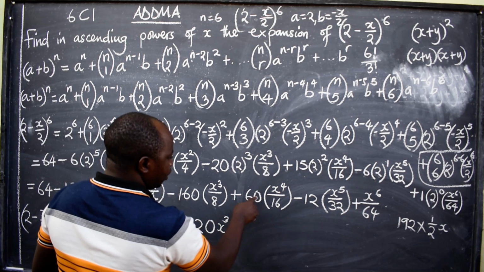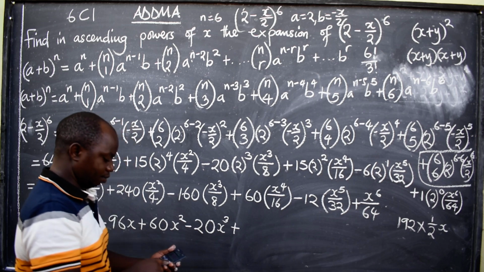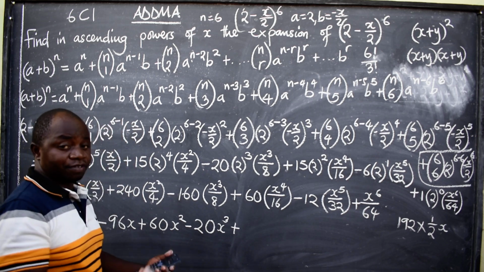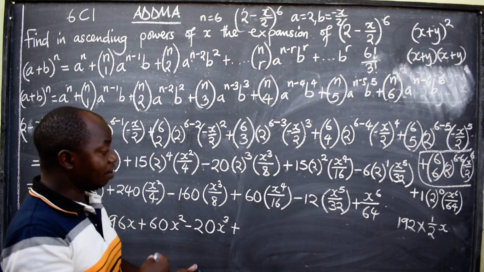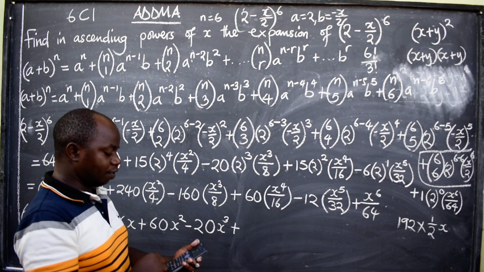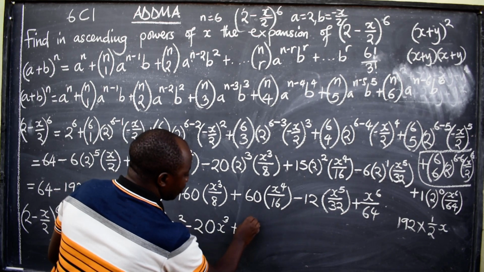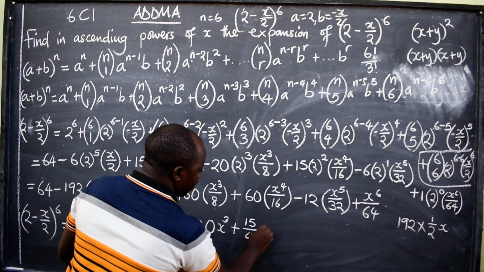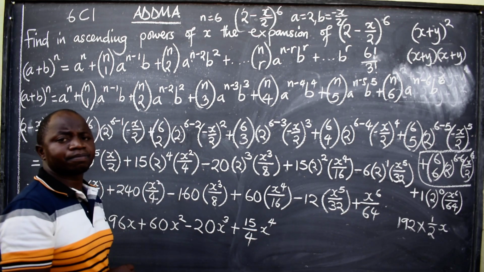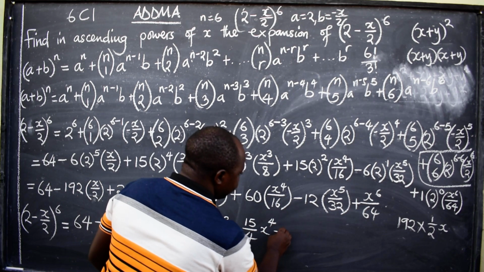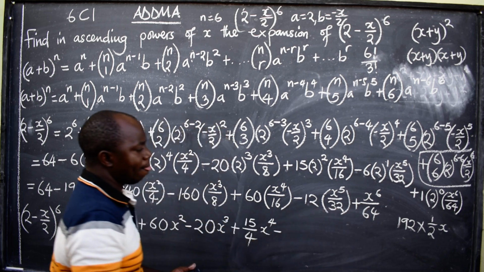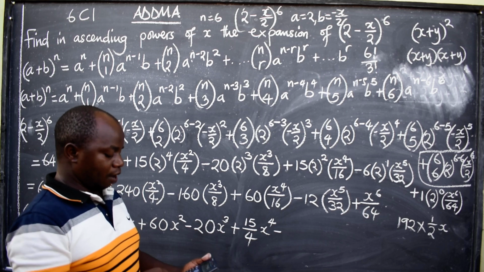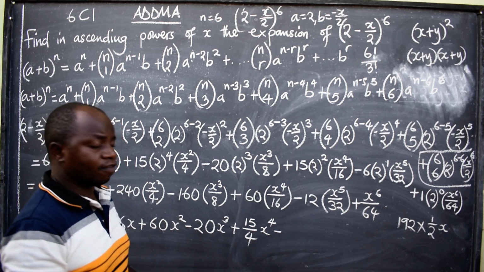Plus, it will be 60 divided by 16. So 60 divided by 16, I'll get a decimal there, so you have to leave it in fractions. So in fractions, it will be 15 over 4. Then there is x to the power 4. Minus 12 divided by 32. So 12 divided by 32, I'll get 3 over 8.